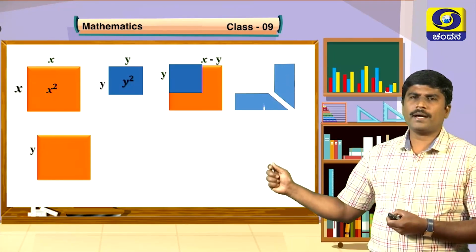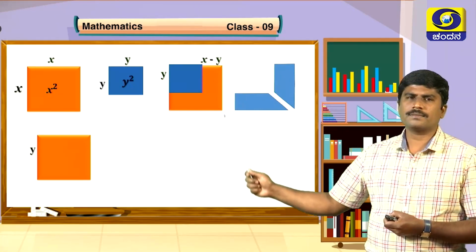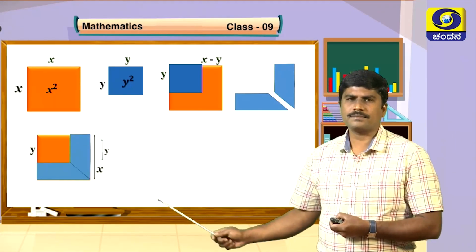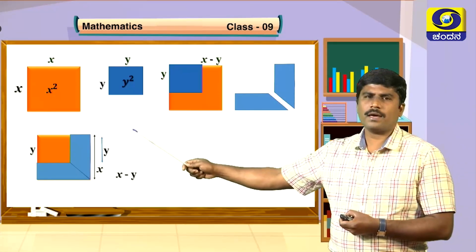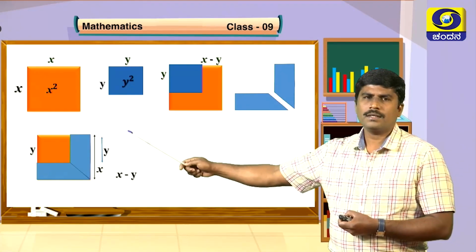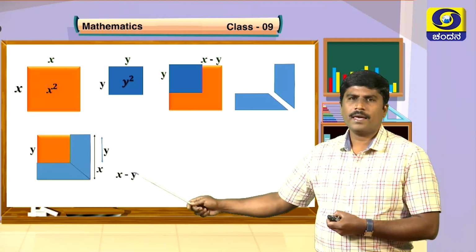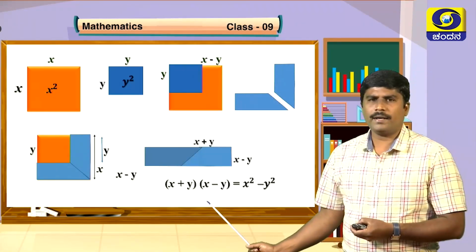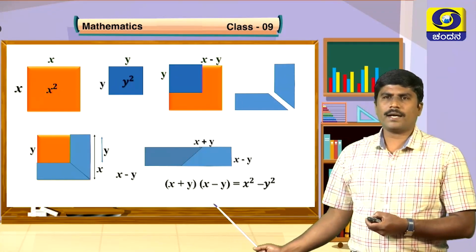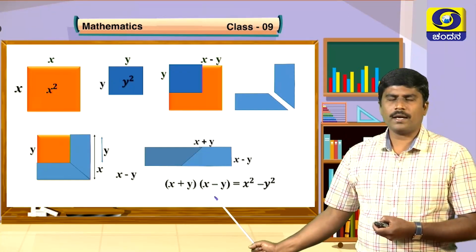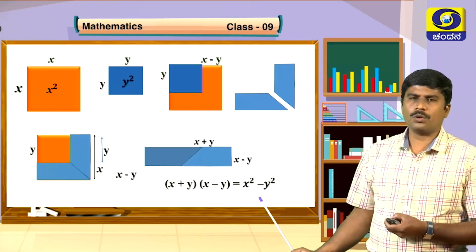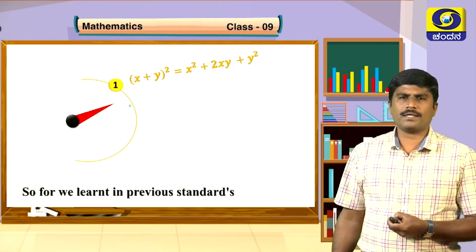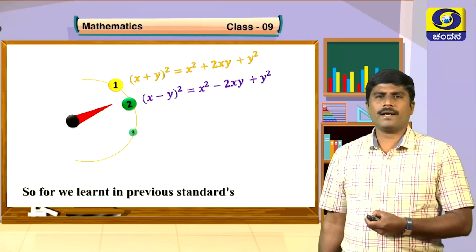Now if you take out y and x, the remaining will be x minus y into x plus y. The other algebraic identity is (x plus y) into (x minus y) is equal to x square minus y square.